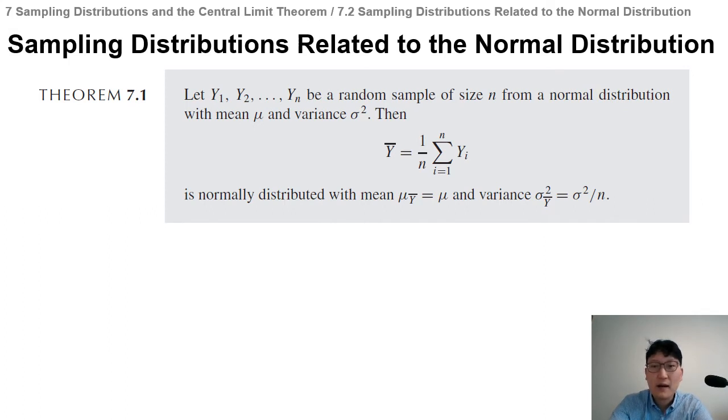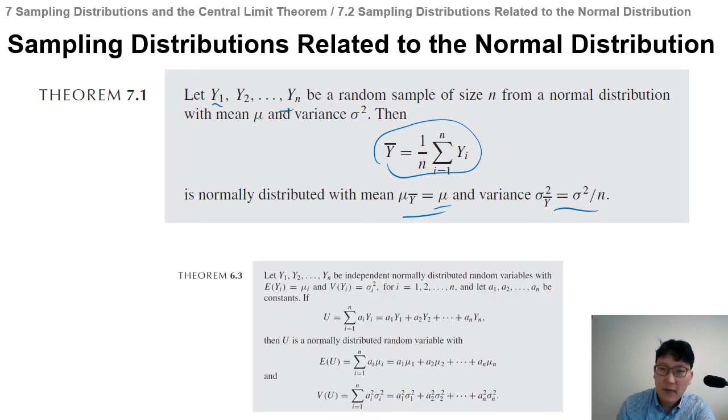Then y bar, the average value of those n normal random variables, is again normally distributed with mean mu and variance sigma square over n. So y1 to yn are normally distributed, and the average of them is also normal with mean mu and variance sigma square divided by n.